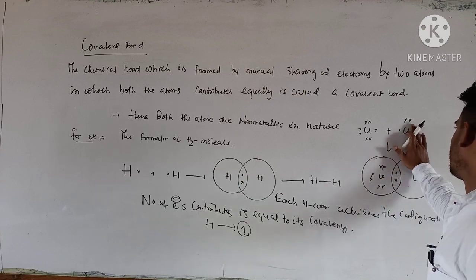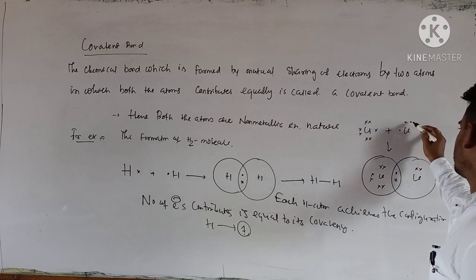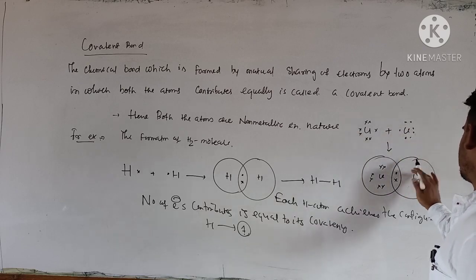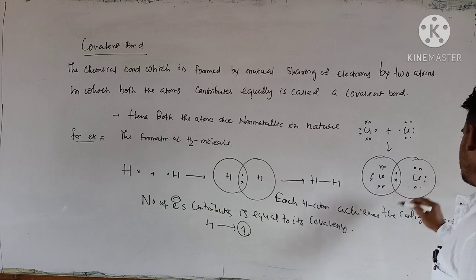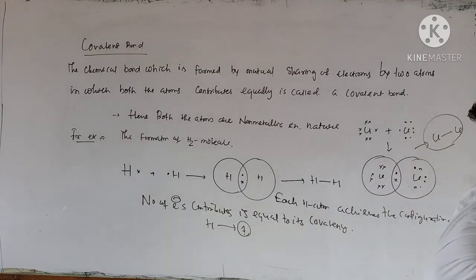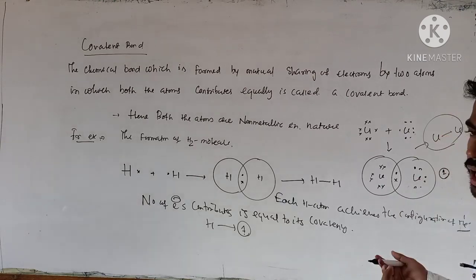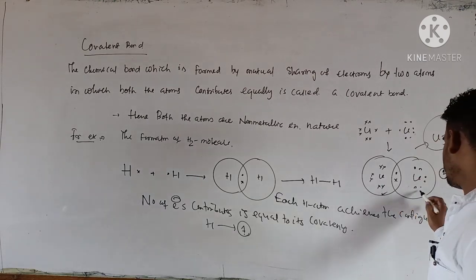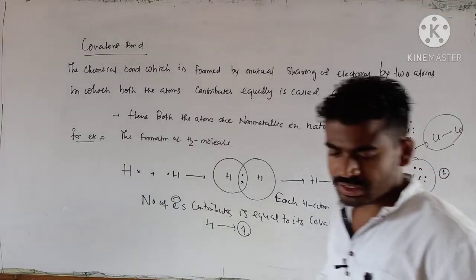I can represent all these electrons like dots. That clear? So formation of the Cl2 molecule is there. Here each chlorine atom has covalency 1 because they contribute 1 electron each and achieve the configuration of argon, 2, 8, 8, that is the nearest inert gas configuration, argon.